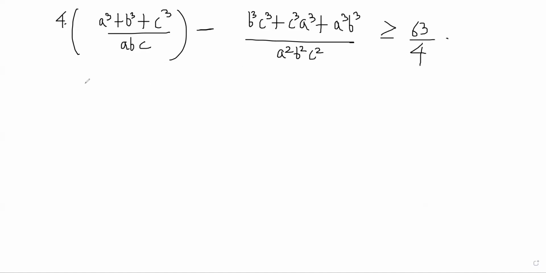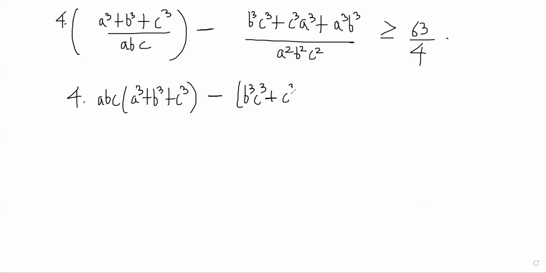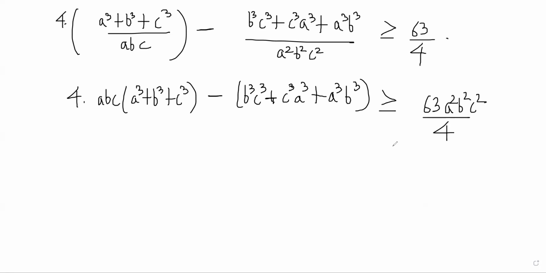So simplifying it further, I will get 4 times abc times (a cube plus b cube plus c cube) minus (b cube c cube plus c cube a cube plus a cube b cube), divided by a squared b squared c squared. So that goes on the other side: 63 a squared b squared c squared by 4.